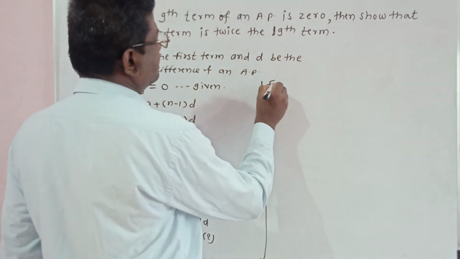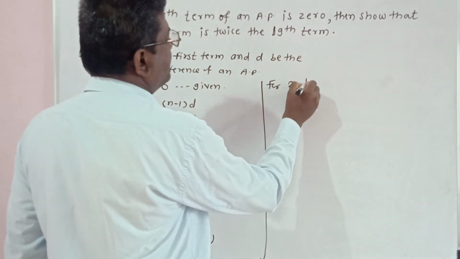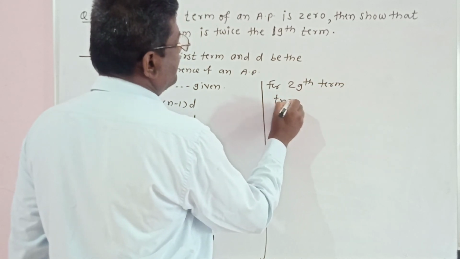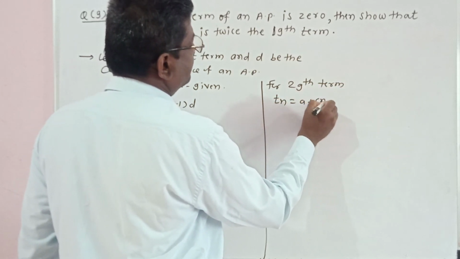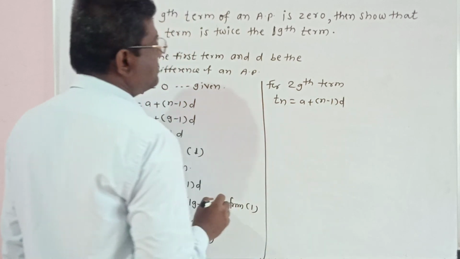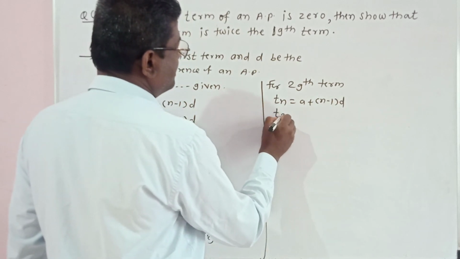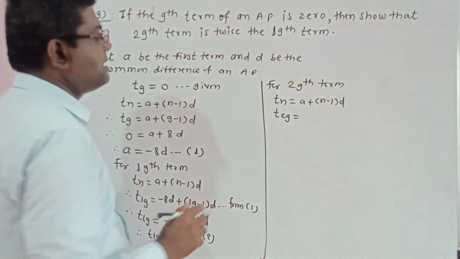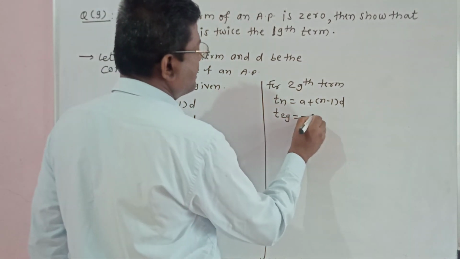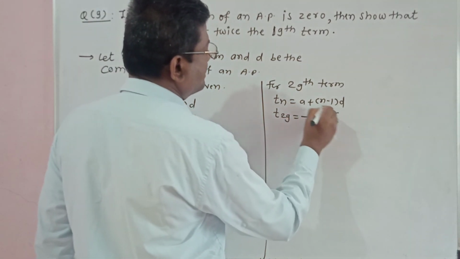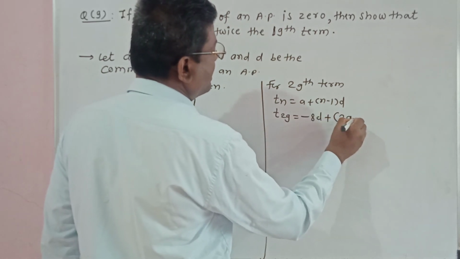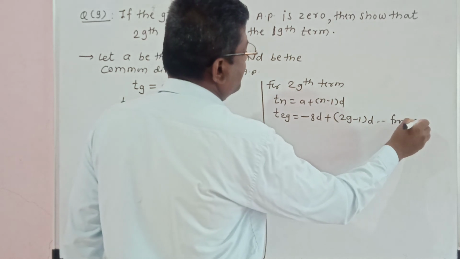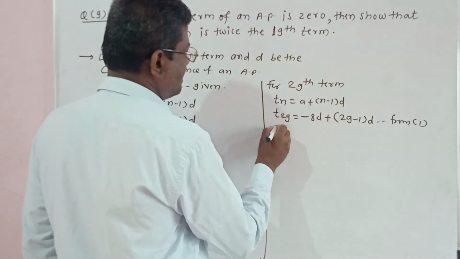Now for 29th term, we use formula Tn is equal to A plus n minus 1 into D. So T29 is equal to A is minus 8D plus 29 minus 1 into D. Reason is from equation 1.